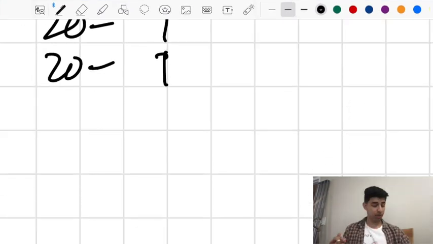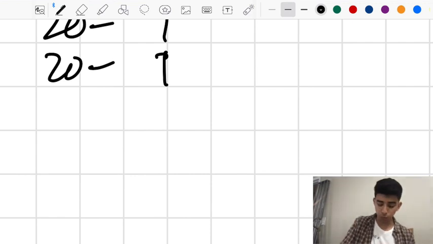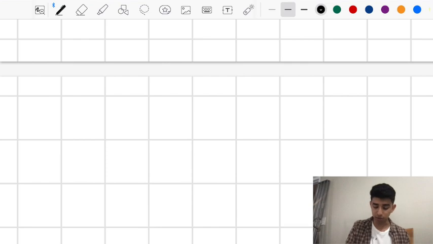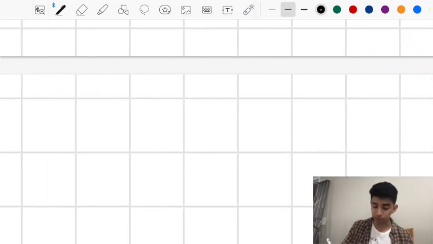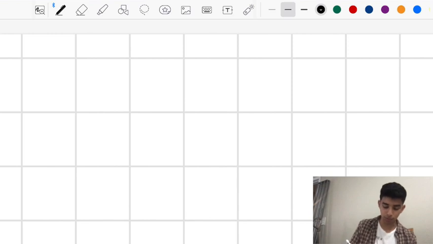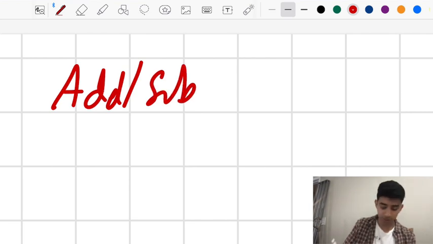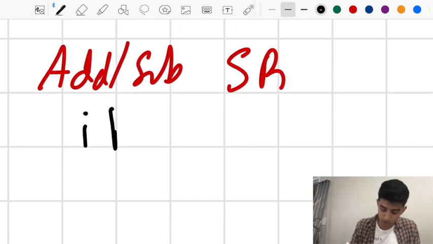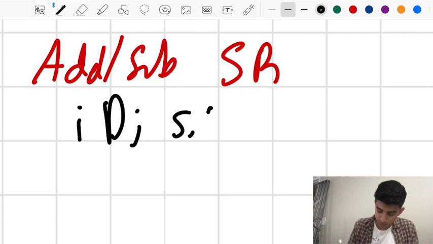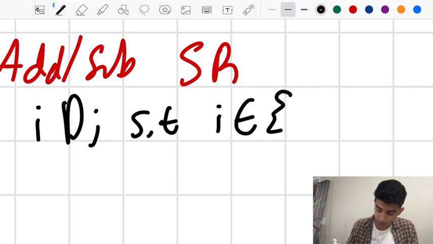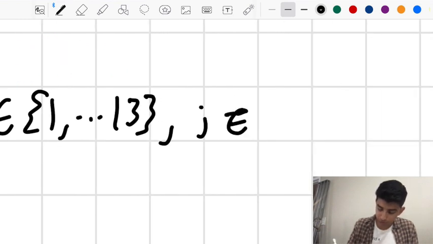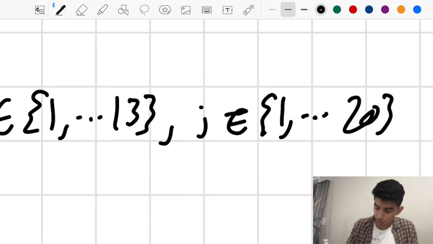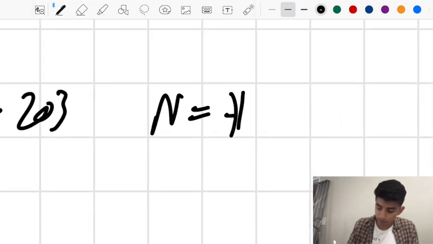Having these 4 calendar systems, through the use of modular arithmetic, mathematicians were able to decode and calculate within these different calendars. An example is if we wanted to add and subtract within the first calendar, the sacred round, we would use this method. Recall the IDJ format such that I is in 1 to 13, J is in 1 to 20, and n equals the number of days we're adding.